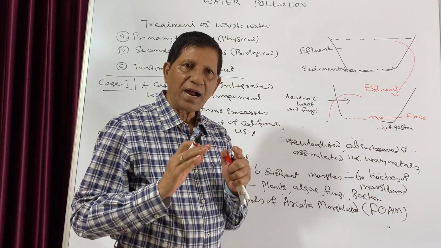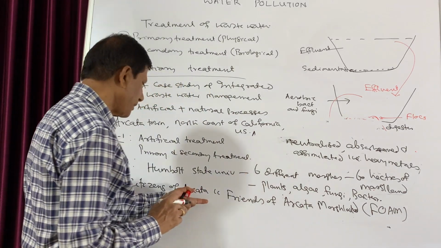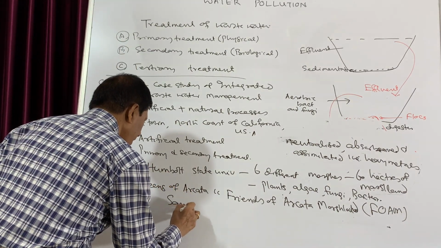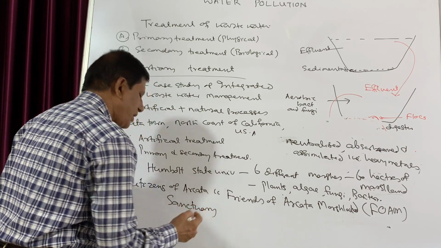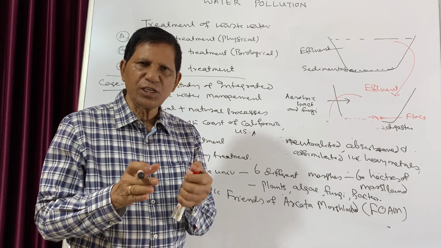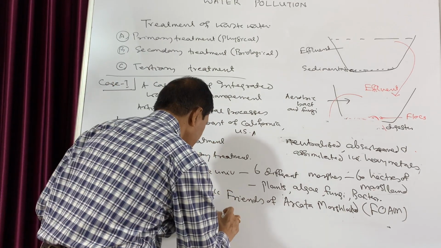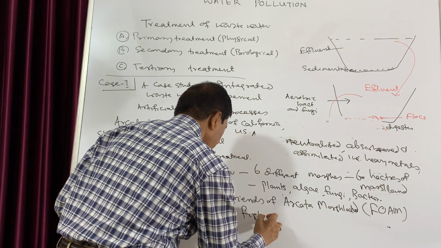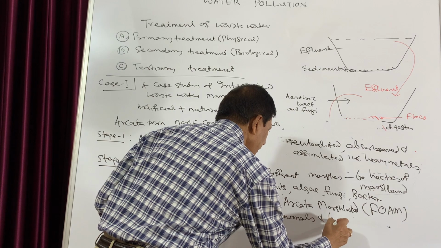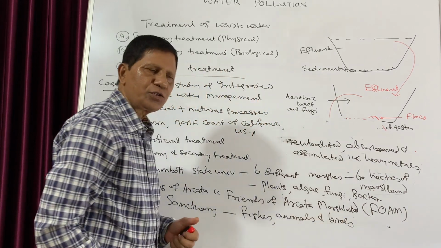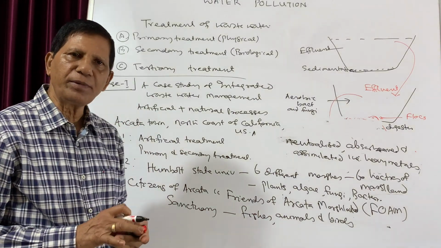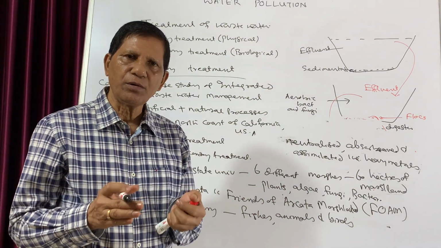At present that lake has been converted to a sanctuary where there is biodiversity of different types of fishes, animals, and birds. So this is one case where the wastewater was treated by both artificial and natural means.